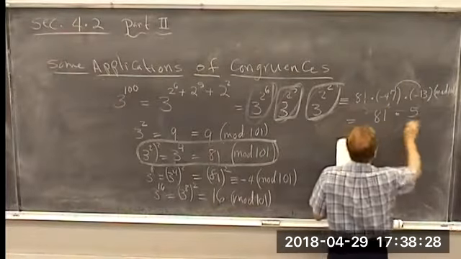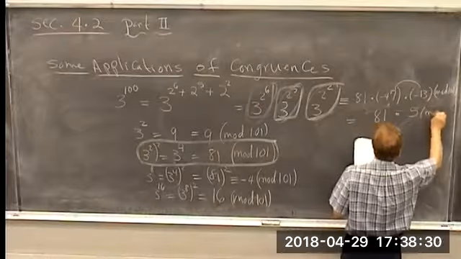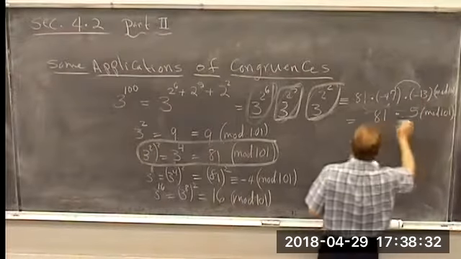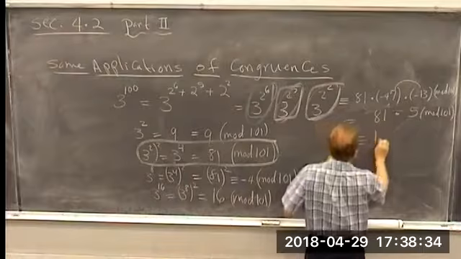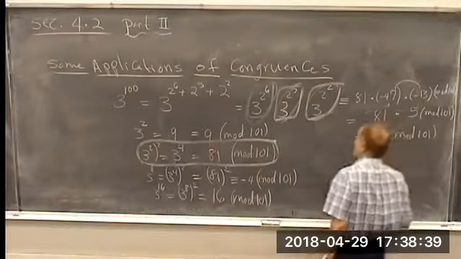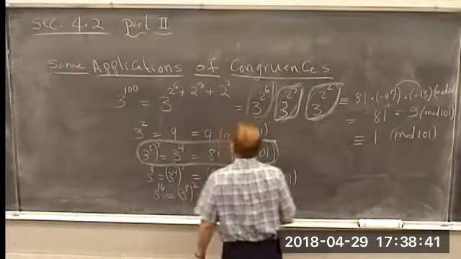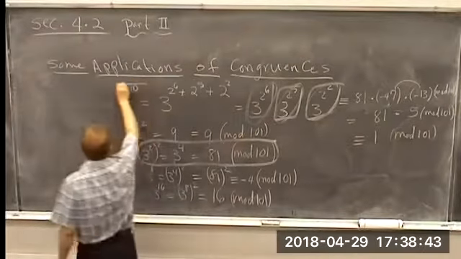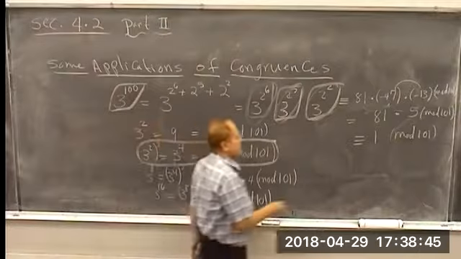And 81, again mod 101, and these give me what? Mod 101. So in other words, the remainder of dividing this very huge big number by 101, so this is the remainder.